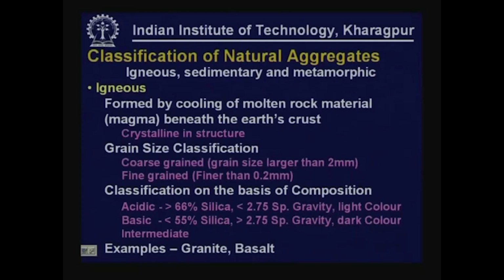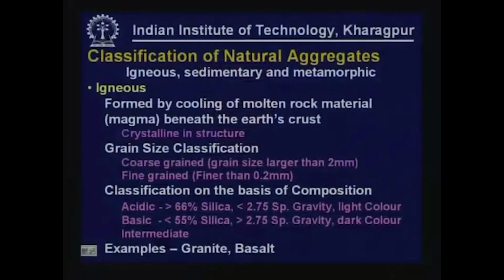Their specific gravity will be normally larger than 2.75 and these are usually dark in color. And we have intermediate variety aggregates having properties ranging from acidic to basic. Typical examples of igneous rocks are granite and basalt.